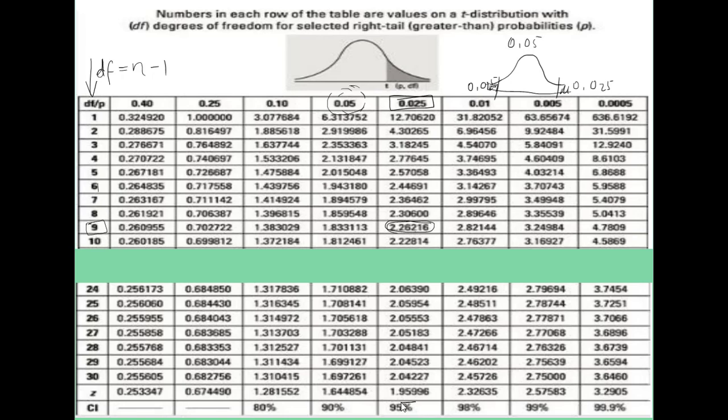You can see it says here 95%, so this is the one that corresponds to 0.05, or 5%. If you were to pick this one, 0.05, this corresponds to 90%. So it's as if you are dealing with an alpha level of 10%.